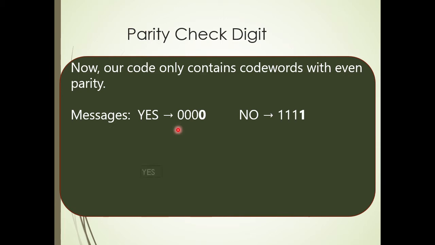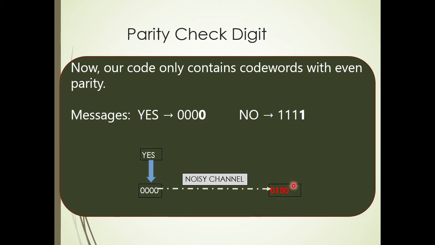Now suppose the intended message is yes. It is converted to a string of zeros, 0000 for yes. It went through a noisy channel and it got altered. So notice that the receiver got something of odd parity, when in fact the sender and the receiver agreed on using only even parity.